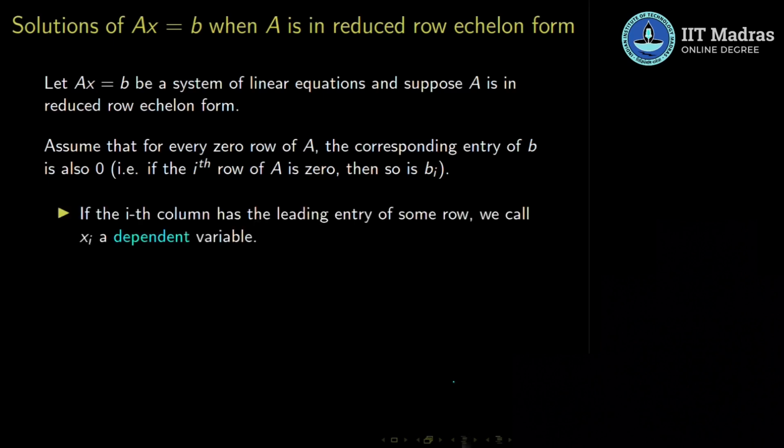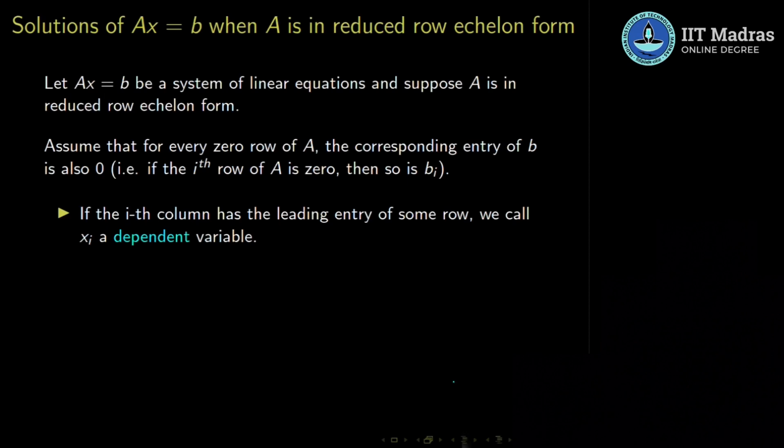We are going to give some names here, so that we make this procedure very algorithmic. If the ith column has the leading entry of some row, there are going to be some columns which have leading entries. In our first example where we had 1 0 2 and 0 1 3, the leading entries were in the first and second columns respectively.